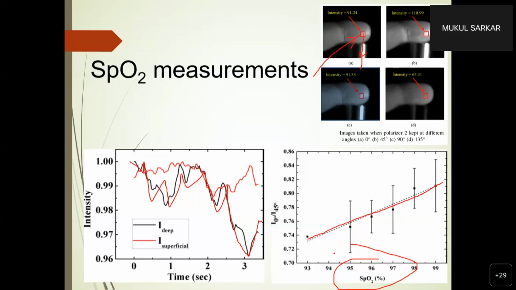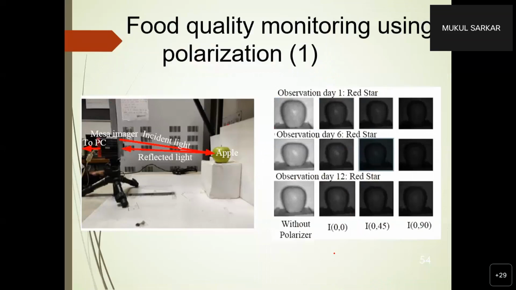Further, because it is measuring phase information, and actually a ratio of phase information, the color of the skin also does not influence the measurement result drastically, which is a severe problem for conventional SpO2 and heart rate monitoring devices. Some of the other experiments that we did with this phase measurement sensor was to see whether we can predict the degradation in a fruit, in an apple.